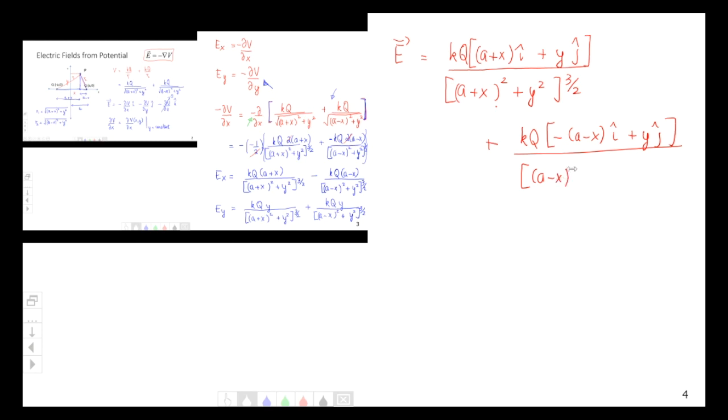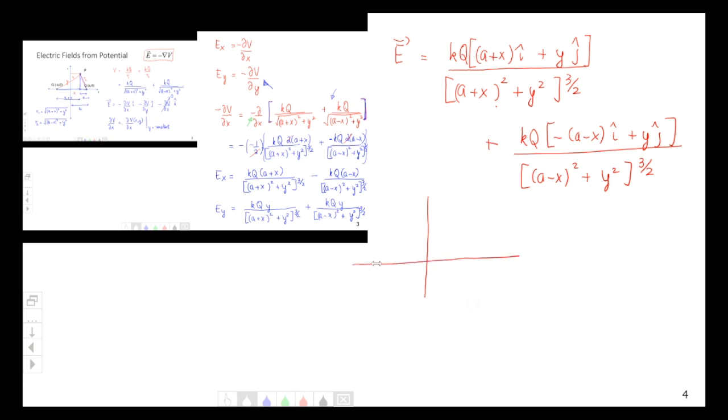But when you look at this expression, what you notice is that this is exactly what you would have obtained had you used Coulomb's law and the principle of superposition for these two charges.